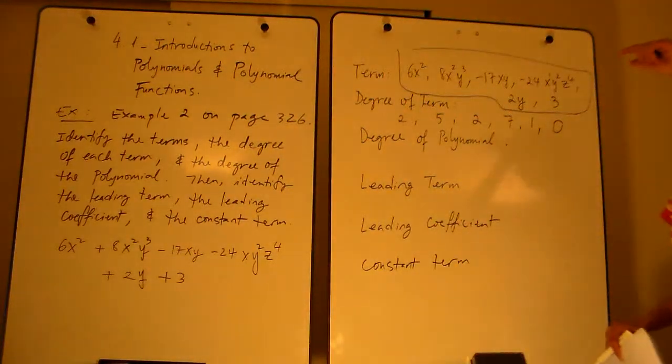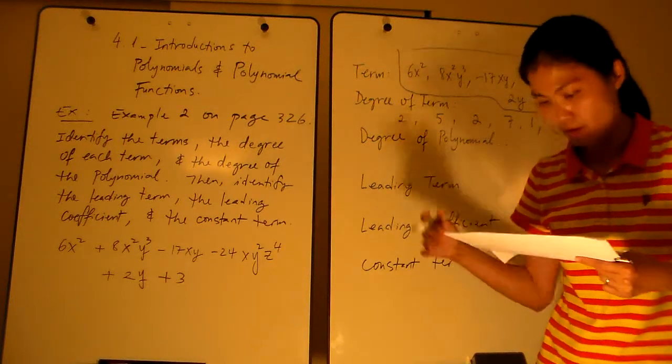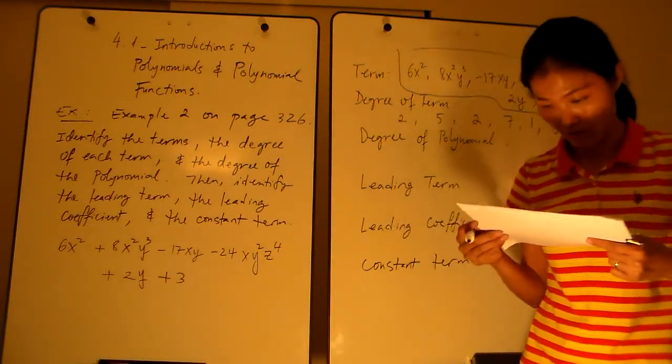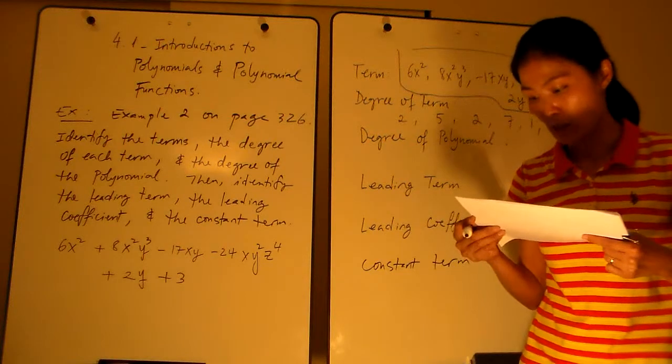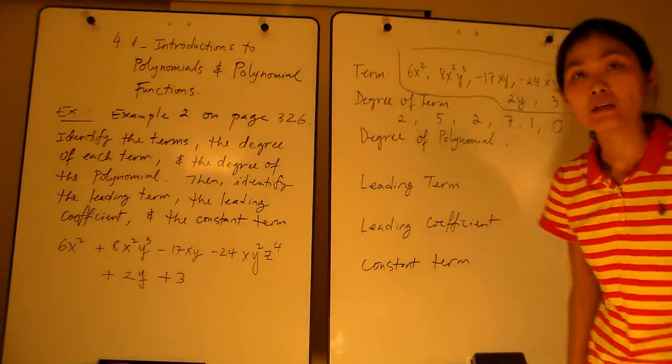What is the degree of the polynomial? If you're not sure, look at my notes or the book. The degree of a polynomial is the same as the degree of its term of highest degree.